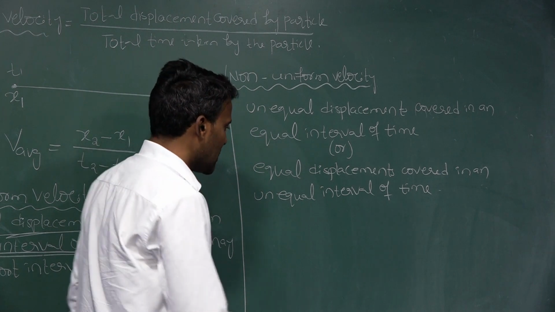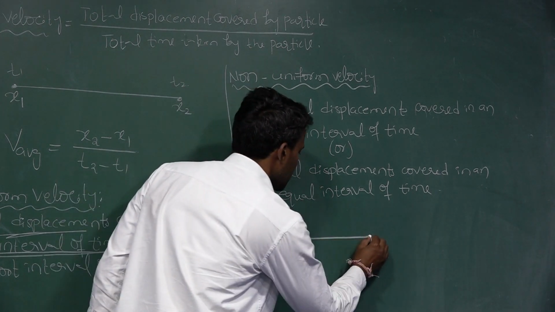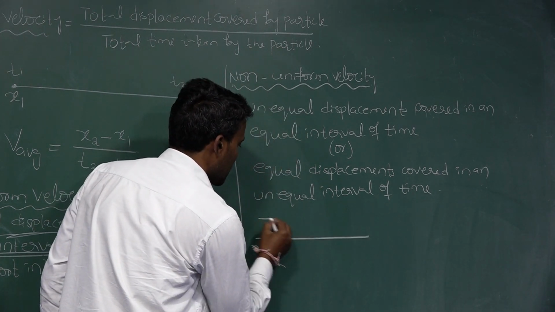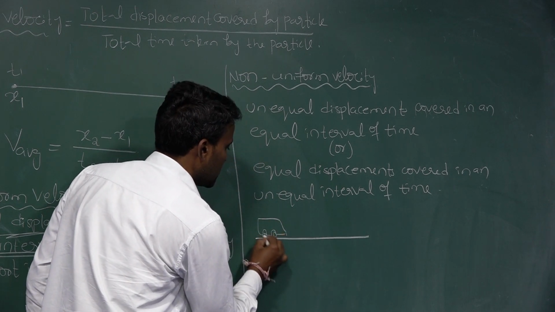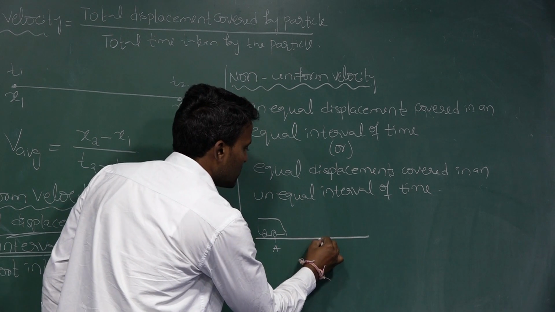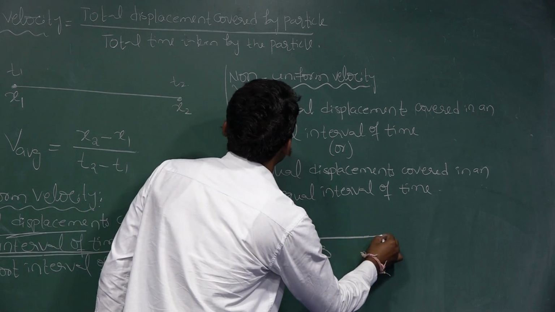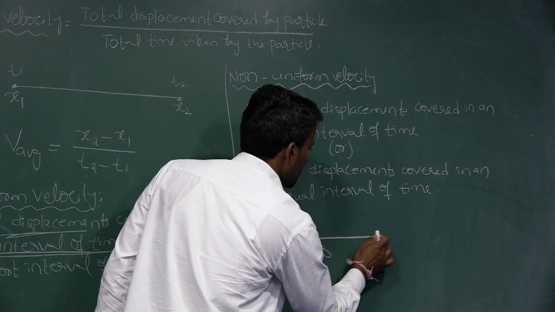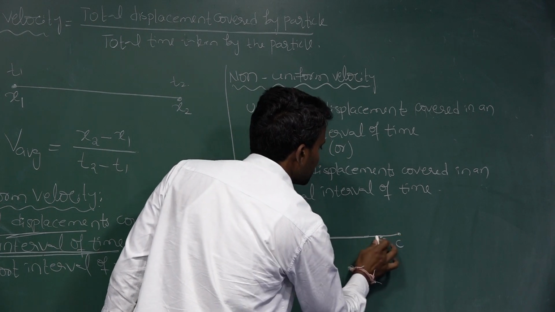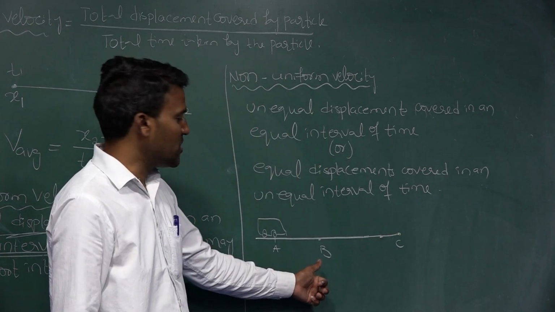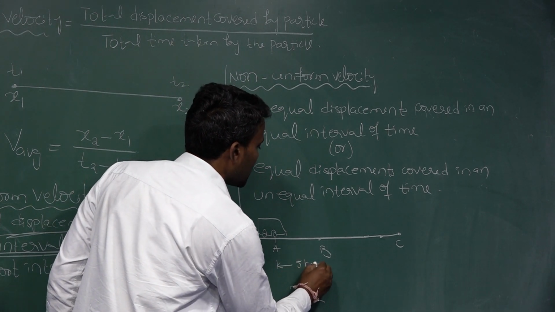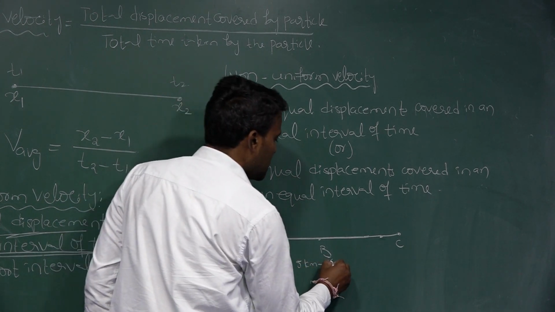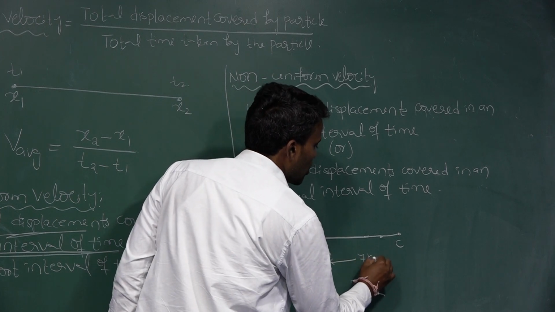This non-uniform velocity example I am taking. See here, again one vehicle, from point A to point B, then point B to C. A to B displacement is 5 kilometers, and B to C displacement is 7 kilometers.